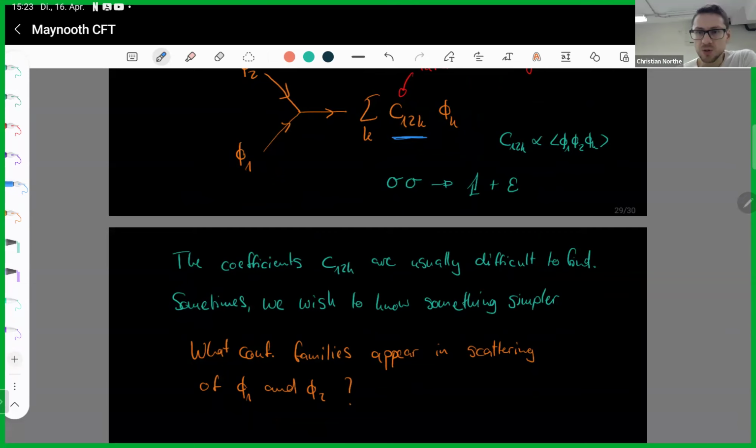Sometimes I just want to know, if I bump phi1 and phi2 into each other, do I get phi k? So in this example, sigma and sigma, I can ask: if I scatter sigma by itself, will I again get a sigma field, meaning a field of the conformal family of sigma?